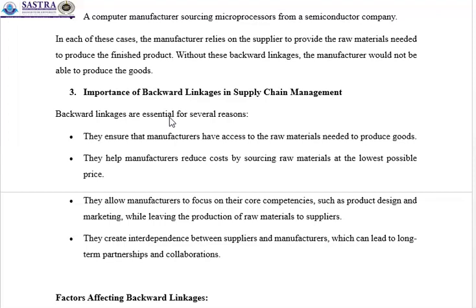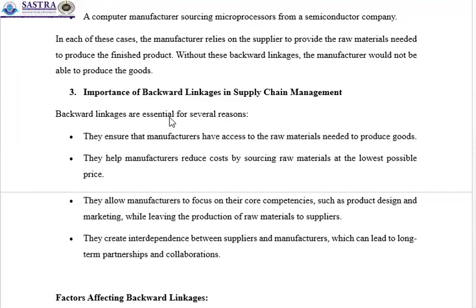Number one, they ensure that manufacturers have access to the raw materials needed to produce goods. They help the manufacturers reduce cost by sourcing raw materials at the lowest possible prices. And this is also the way suppliers can retain their customers, the manufacturers, in turn.